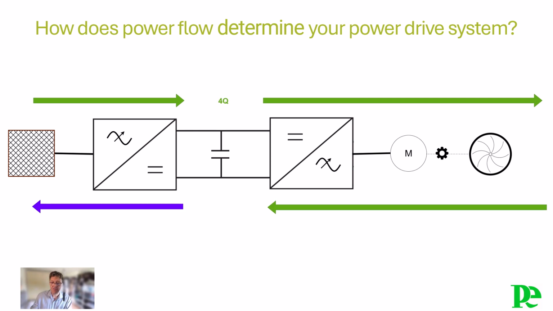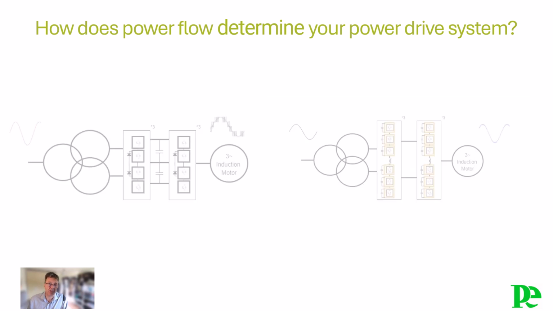Now, voltage source inverters driving applications that impose significant and consistent power flow from the machine to the motor will need to be equipped with an active front end, allowing energy recovery to the grid. Now, how do the different topologies enable this 4-quadrant operation?